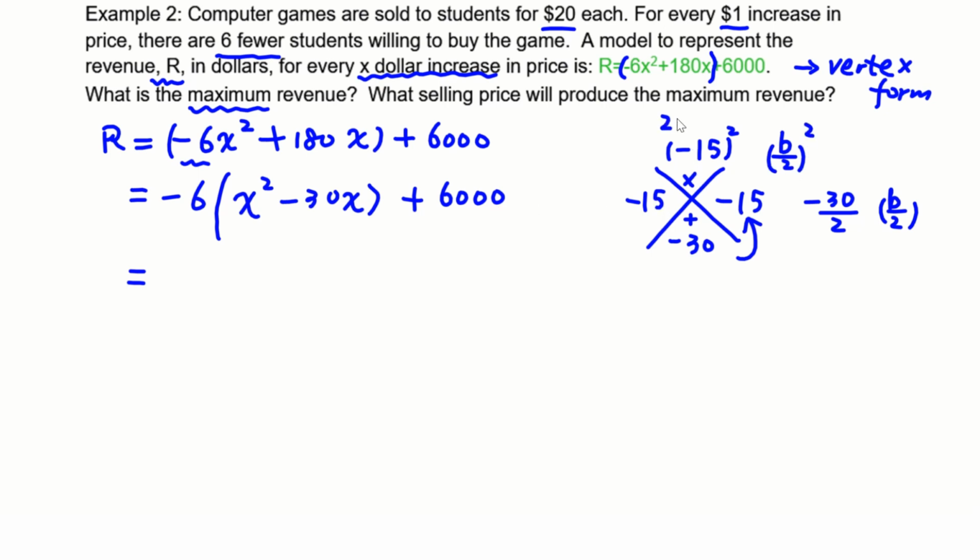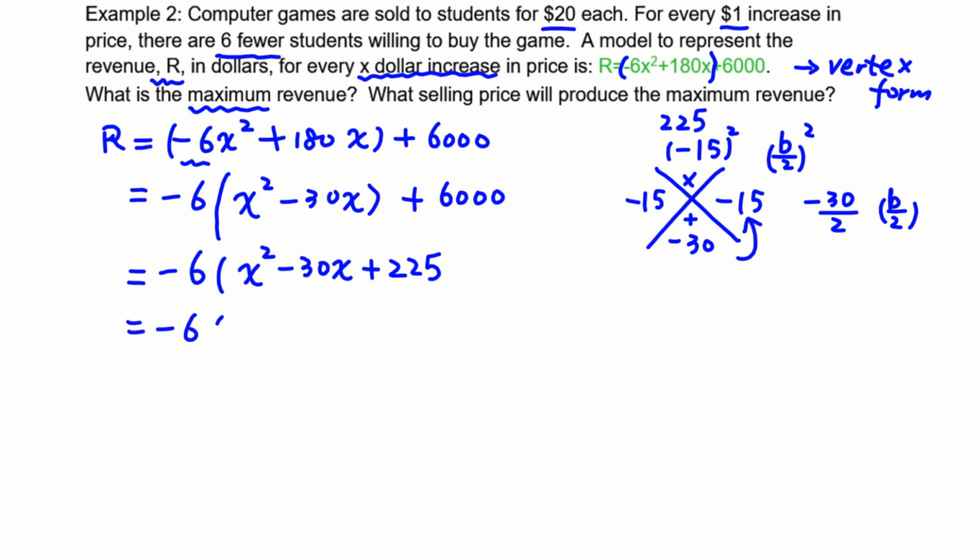So this is 225. Then inside the bracket, we want to add this 225 here. Once we have 225 here, we are looking for two numbers that multiply to 225 and add to -30. The two numbers will be -15, -15.